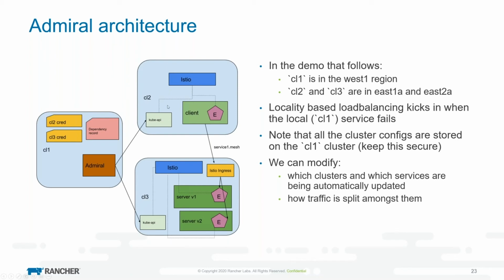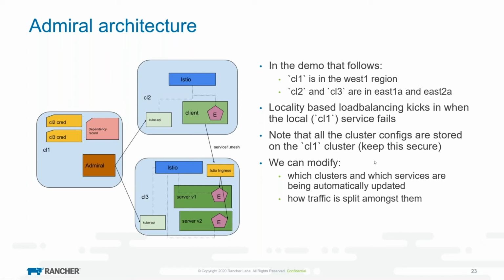These other 2 clusters, being the controlled clusters, CL2 and CL3, have Istio. It's a replicated control scheme. They each technically have an ingress. This diagram just didn't have another ingress there. And I guess they each technically have a server. This is just off the Admiral documentation. I went one step above their demo.